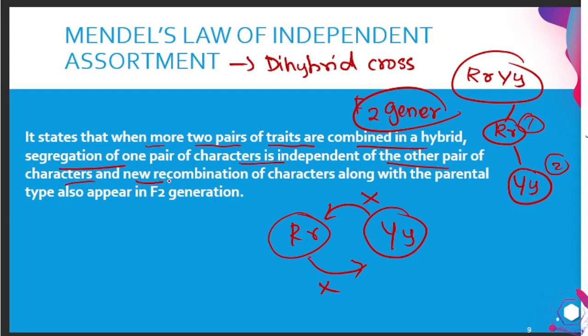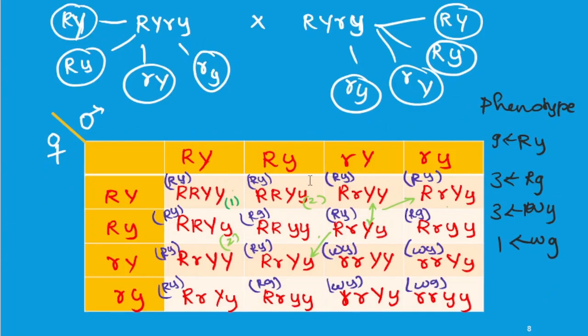And also new combinations, recombinations and characteristics are formed in the F2 generation. See, when you cross it, you have only the dominant characters. But when you see the F2 generation, in the previous slide also we have done, no? See this. In this case, in the F2 generation, this complete thing is what?